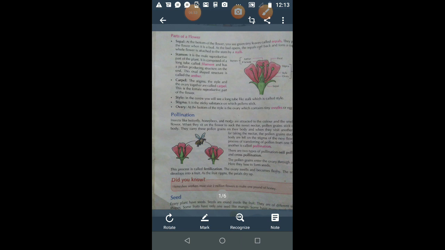Draw the picture of a stamen, write the parts of a stamen, anther and filament, then write the role of anther and the role of filament, how filament supports the anther. Then draw the picture of a carpel and label it. The three parts of a carpel are stigma, style and ovary.